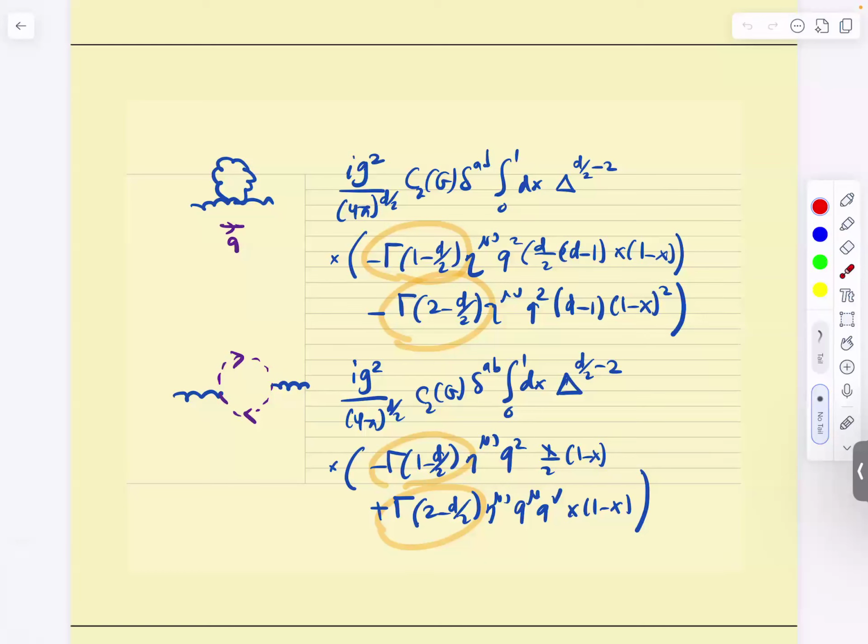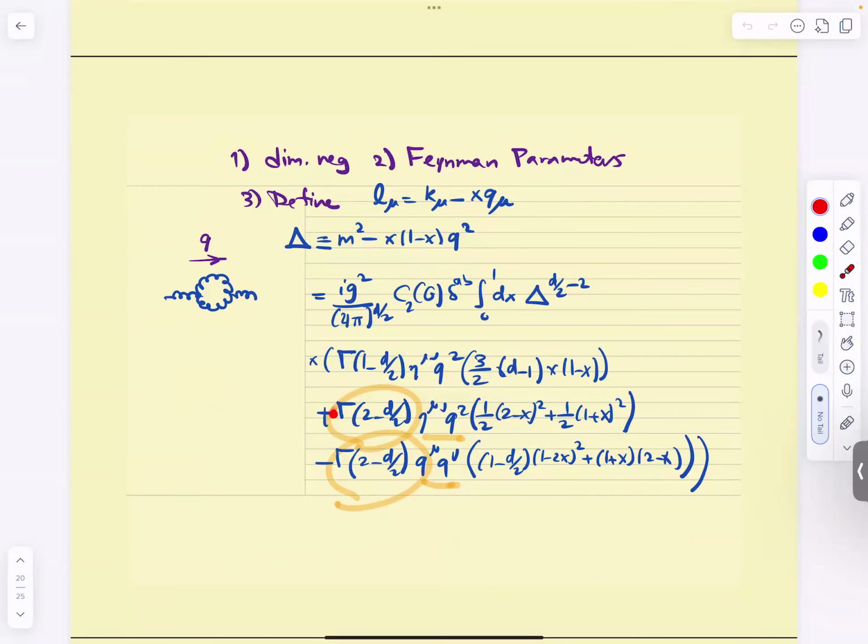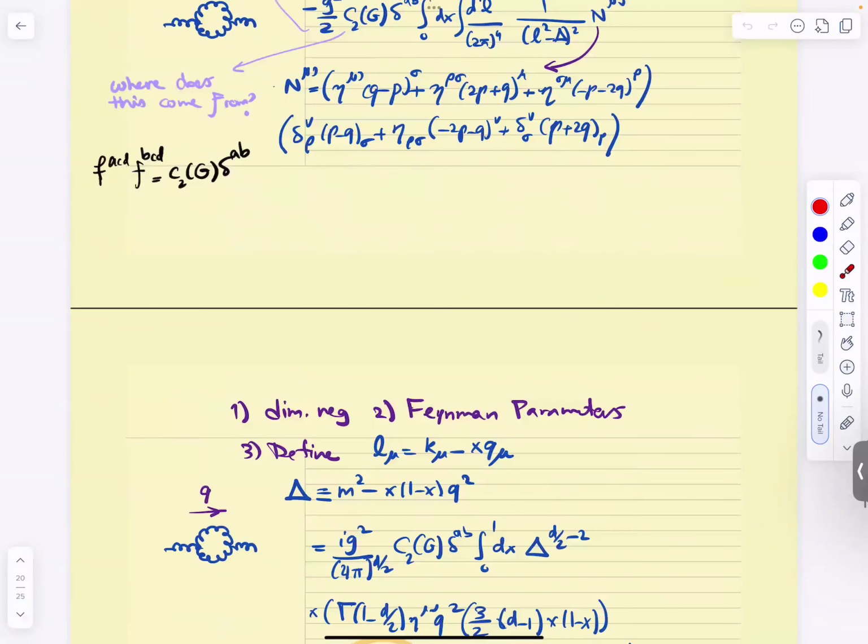You basically have one basic integral for all these diagrams, and the rest is just kinematics. Again, you have d equal 2, d equal 4. The signs matter. Here's minus, minus, minus, plus, plus, minus, and whatever the other one was.